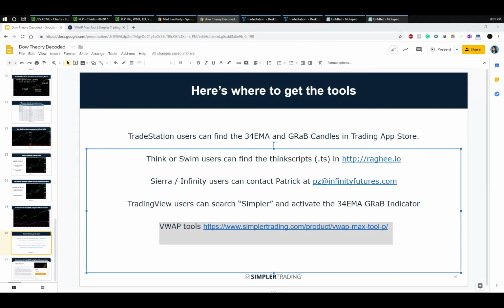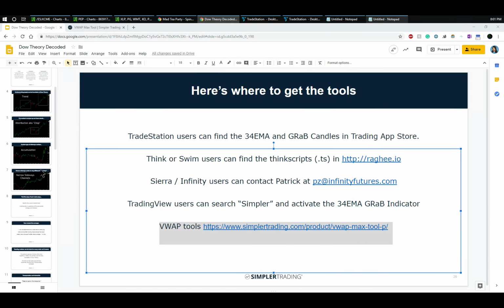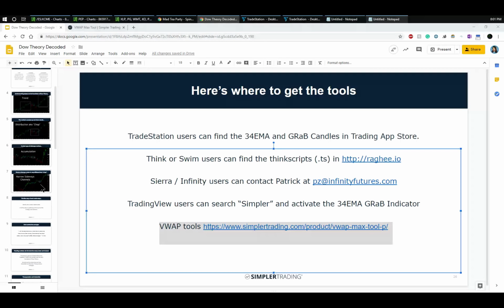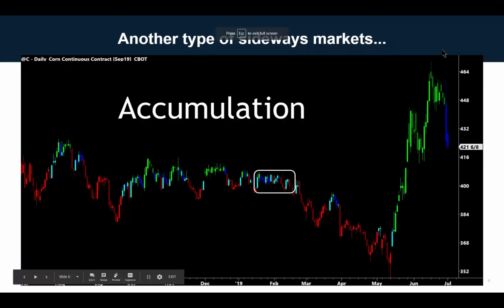Mark, can the grab candles be used with the Squeeze Pro? Mark, it depends. Just the Squeeze Pro, yes. In fact, let me show you what I would recommend if you're a fan of the Squeeze. I would absolutely recommend that you focus on when you see those blue grab candles. Now, if you're using the early in and out, I would just tell you to use a separate chart, because the early in and out color codes the candles.